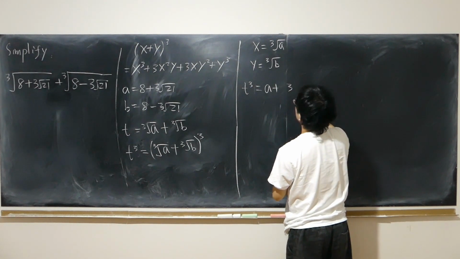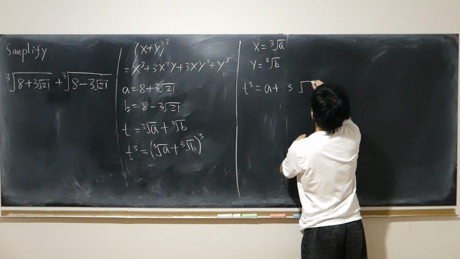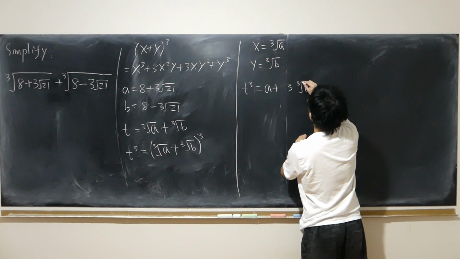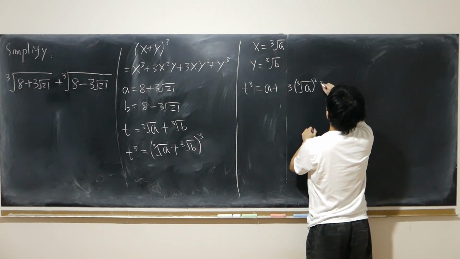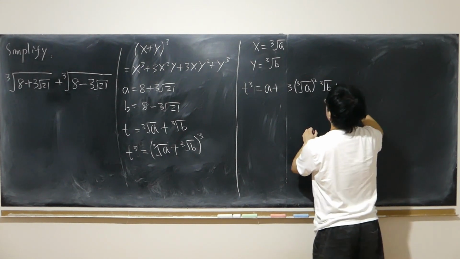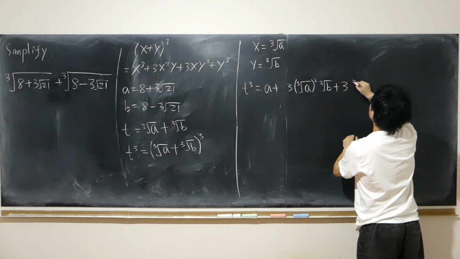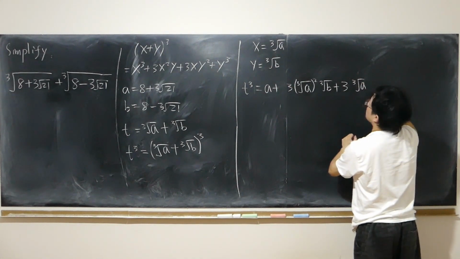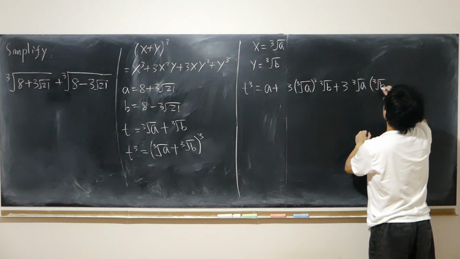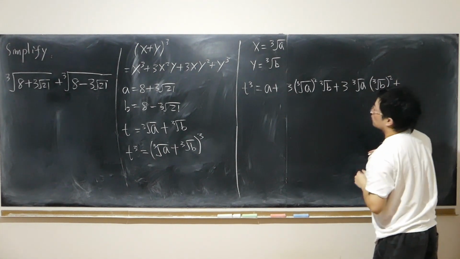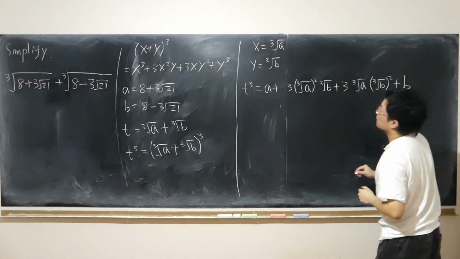Plus 3 times x squared times y, so cubic root of a squared times y, plus 3 times x times y squared, and plus y cubed, which is b.